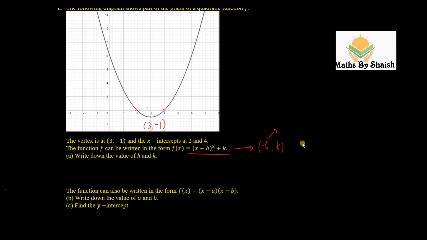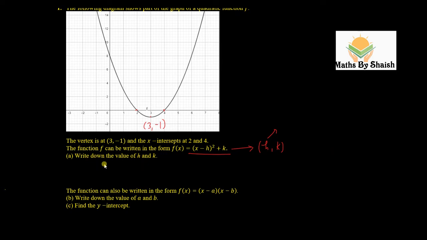If you get an equation f(x) = k - (x - h)^2, then again (h, k) will be the vertex, but in that case it would be maximum. So let's compare it and find the answer.